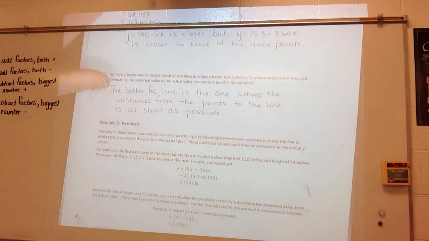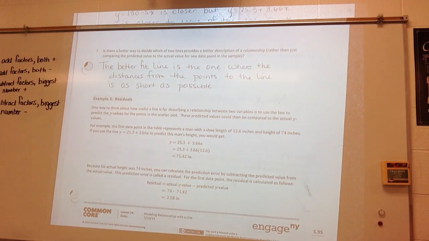All right, example number 3. One way to think about how useful a line is for describing a relationship between two variables is to use the line to predict the y values for the points in the scatterplot. These predicted values could then be compared to the actual y values.